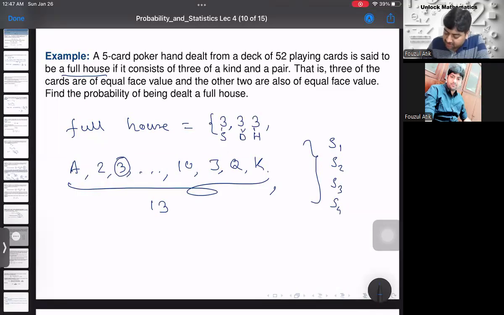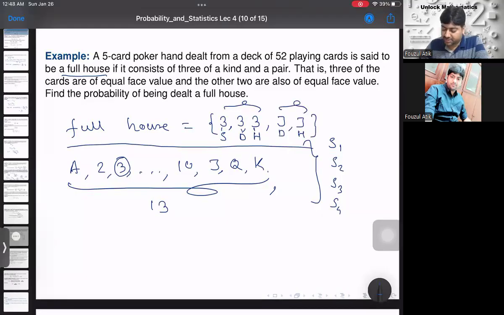So the other 2, maybe it is J of diamond and J of heart. So this is one sample of a full house because it is 3 of the same kind, and these 2 are a pair of the same kind.